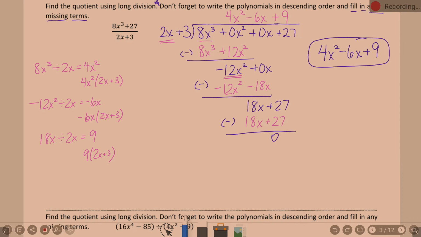If we were to take 8x cubed plus 27, it would factor into 2x plus 3 and 4x squared minus 6x plus 9. I know that because there's a remainder of 0. This is a sum of cubes. If you didn't want to do long division, you could have factored it and found out that one factor is 2x plus 3, and the other factor is our solution.